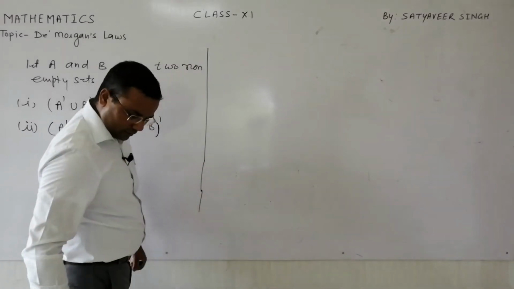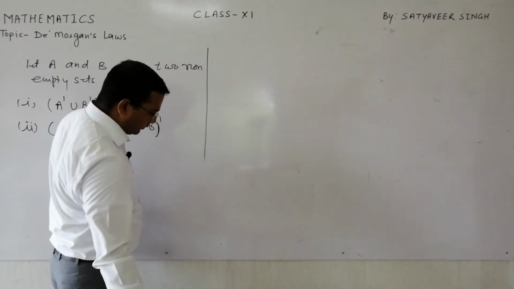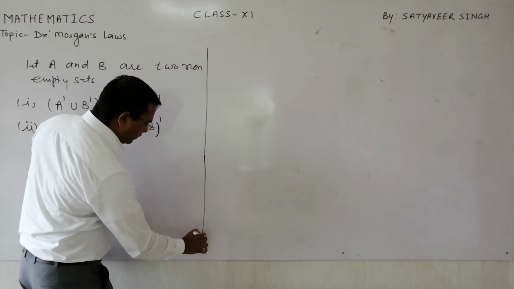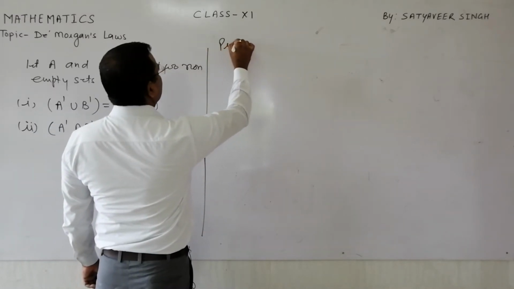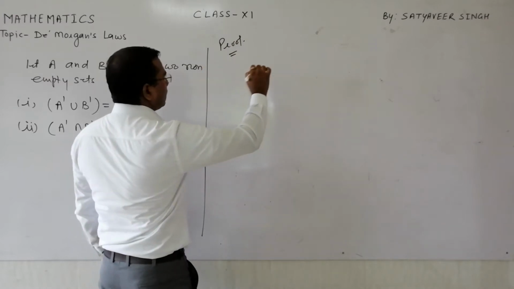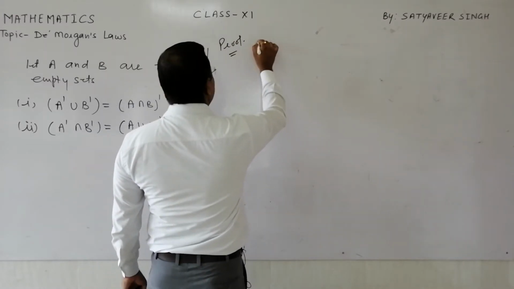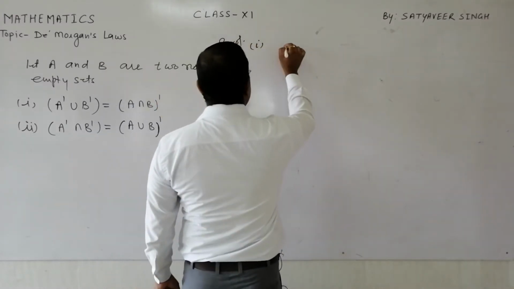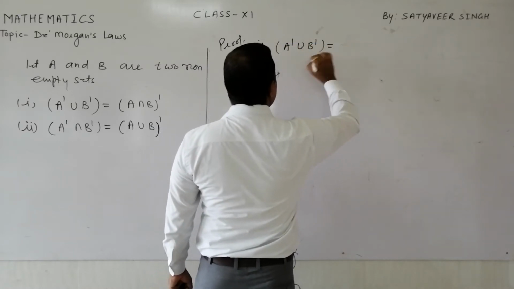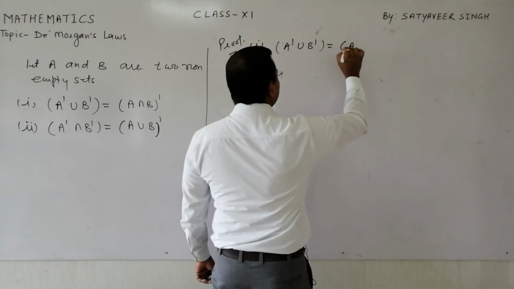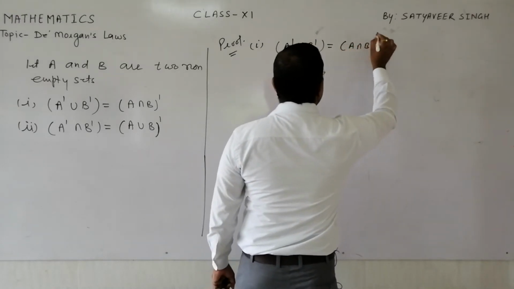We can see here, the first law we are taking: A complement union B complement is equal to A intersection B whole complement.